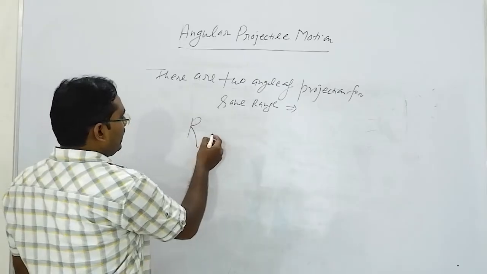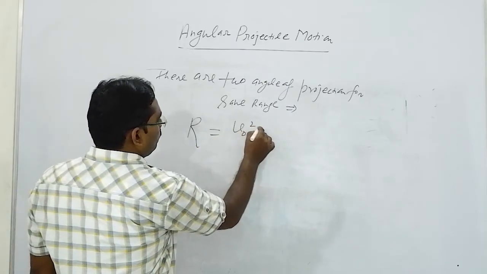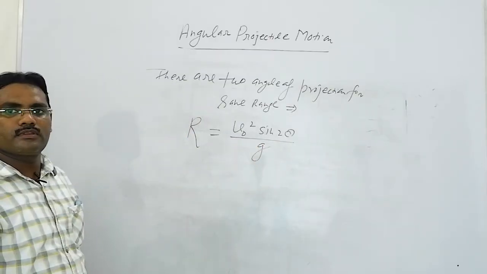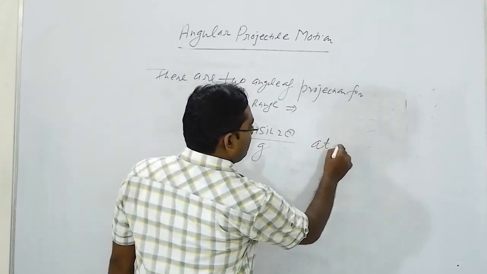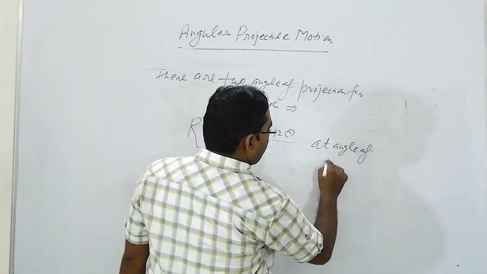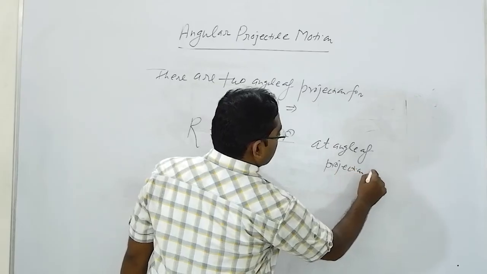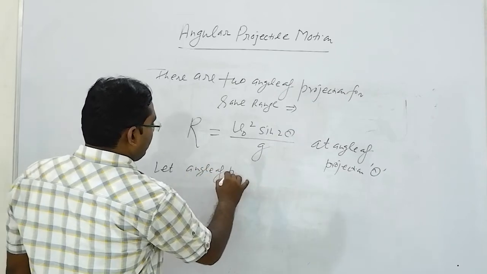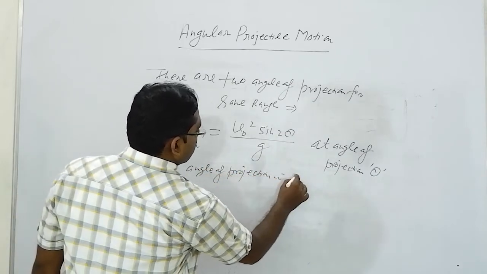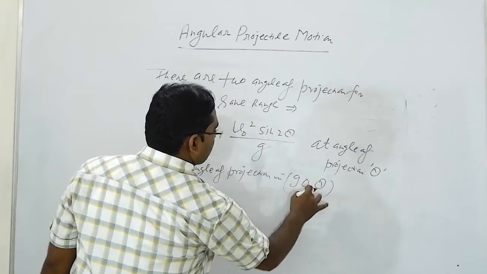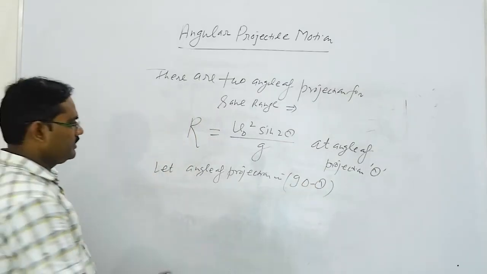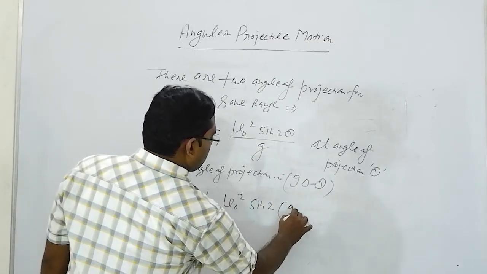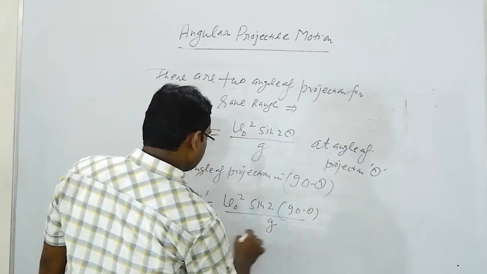Now here range is equal to v naught square sin 2 theta divided by g. This is at angle of projection theta. Now let the angle of projection be 90 minus theta. Then what happens? Now R dash is v naught square sin 2 into 90 minus theta divided by g.